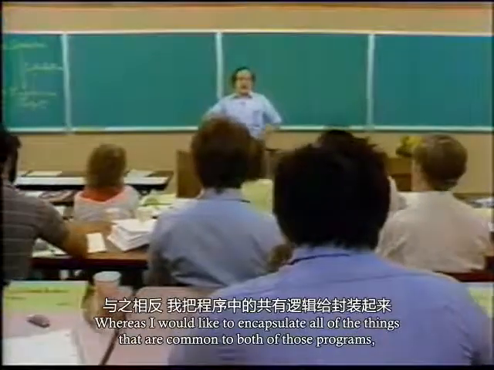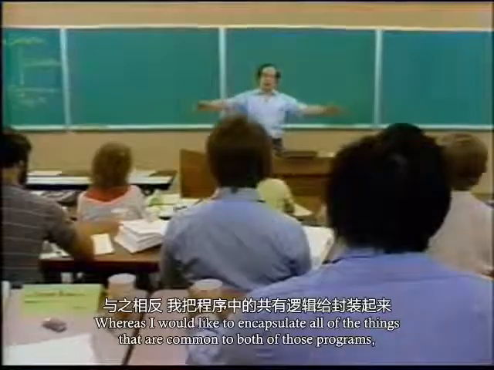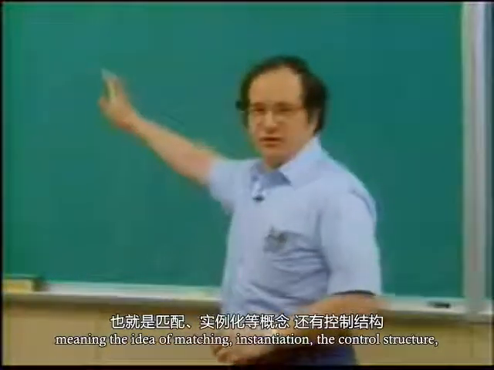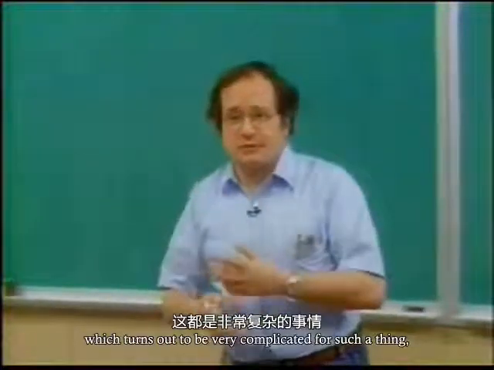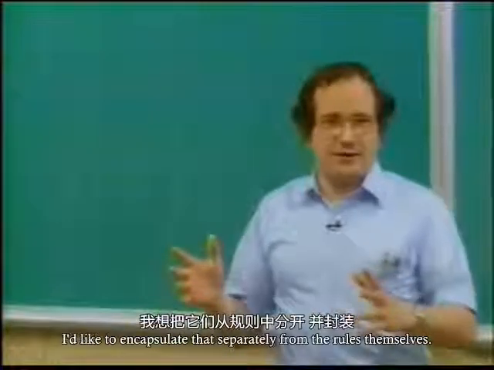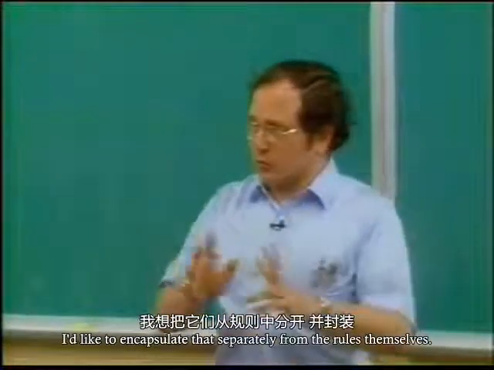Whereas I would like to encapsulate all of the things that are common to both of those programs, meaning the idea of matching, instantiation, and the control structure, which turns out to be very complicated for such a thing. I'd like to encapsulate that separately from the rules themselves.